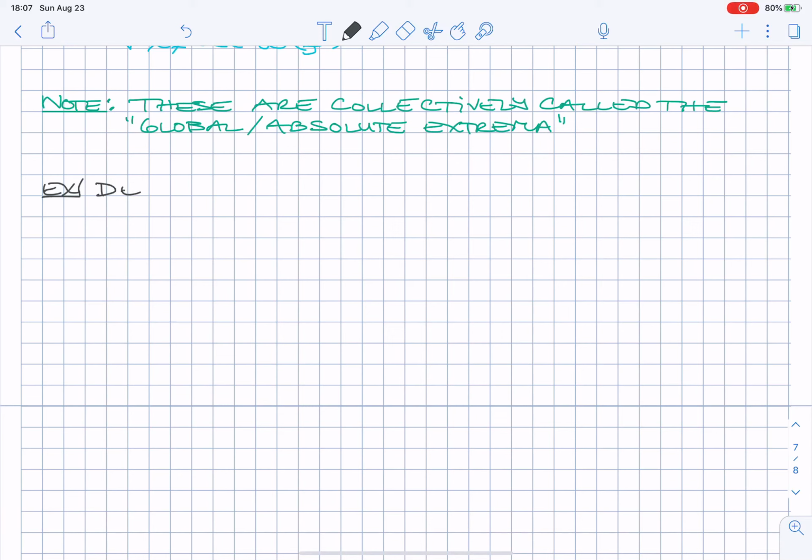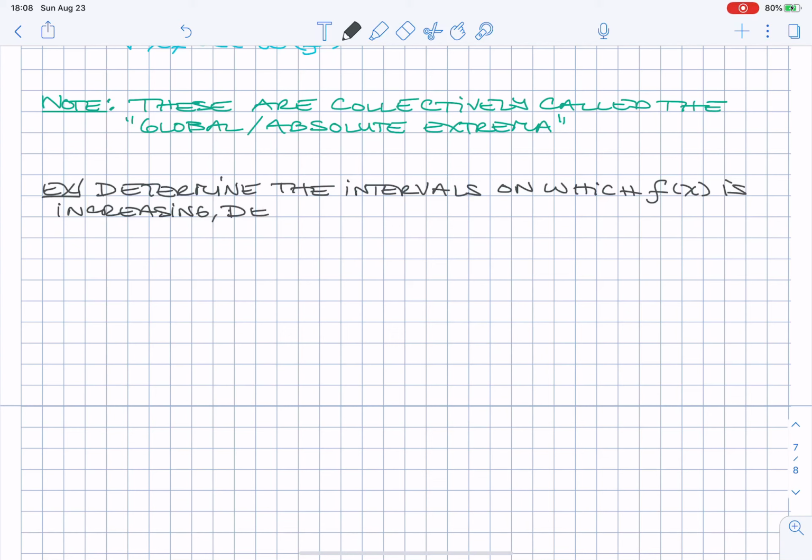So determine the intervals on which f of x is increasing and/or decreasing, where it has any local or global extrema.